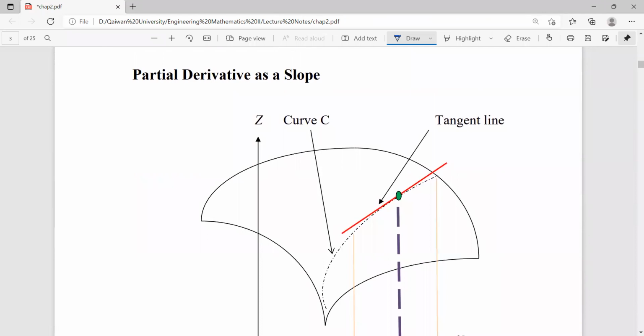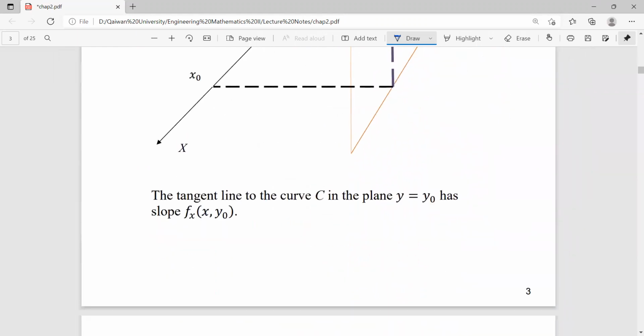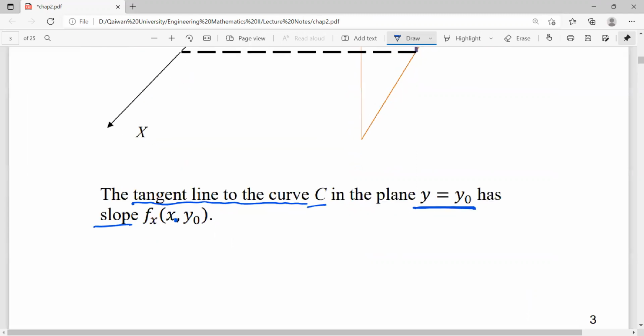Now we have partial derivatives as a slope. We say if we have the tangent line to the curve C in the plane y equals y naught, it has the slope f sub x at x naught and y naught.